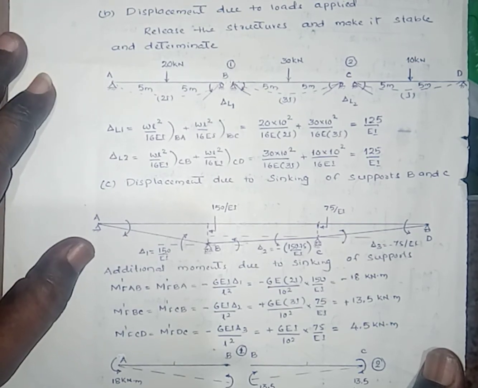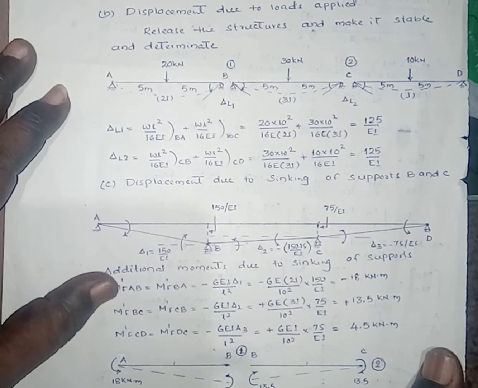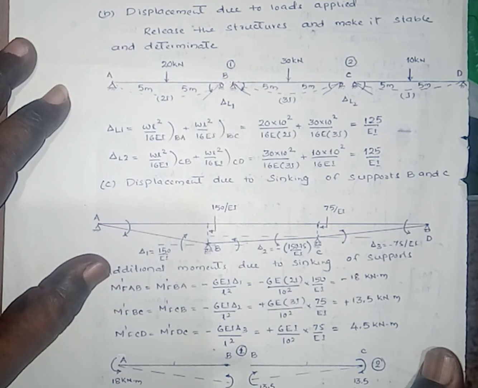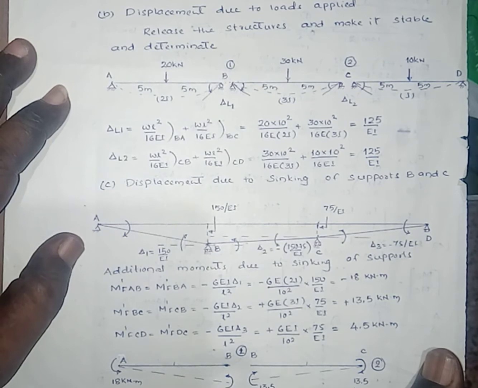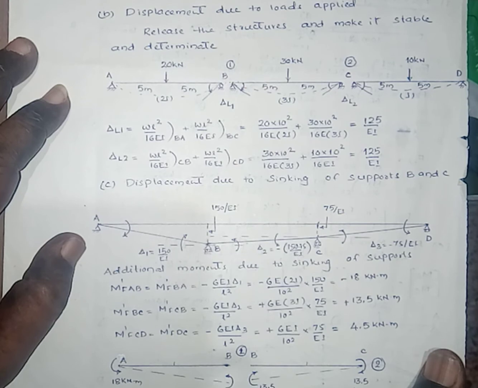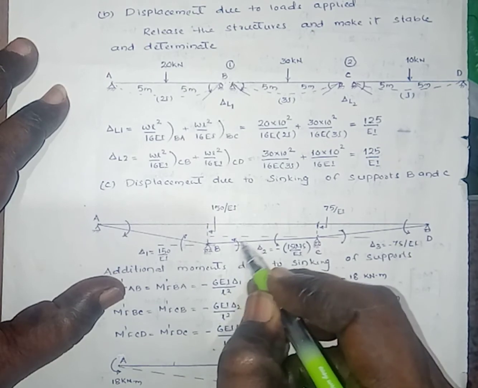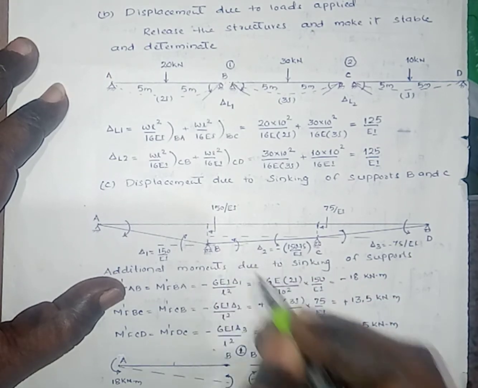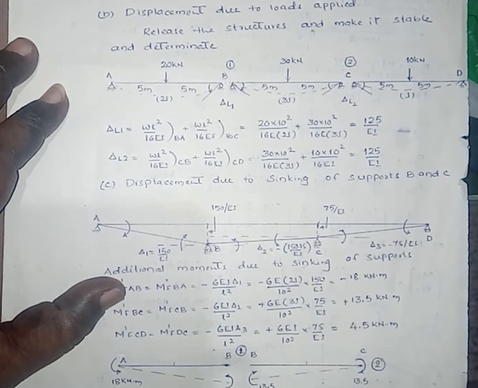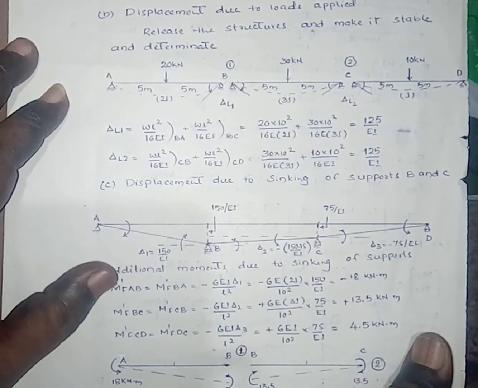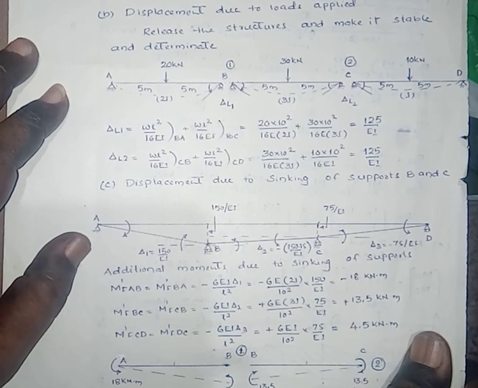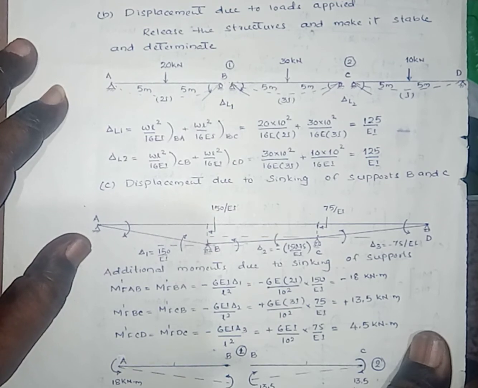Similarly for span BC, B to C, with respect to C, there is a relative settlement of 150 minus 75, that is 75 by EI. Here the rotation with respect to the horizontal drawn is anti-clockwise, hence the settlement is negative, that is by using M dash FBC equals M dash FCB, by using the equation minus 6 EI delta 2 by L square.